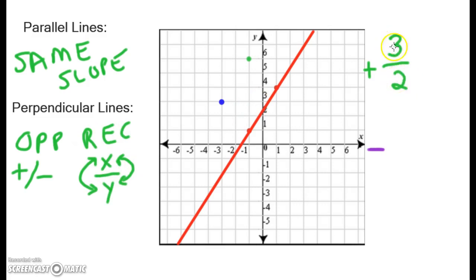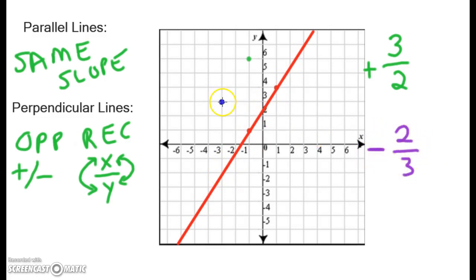So if this is 3 over 2, this slope will need to be 2 over 3. This negative 2 over 3 is the opposite reciprocal of positive 3 over 2. Now, if the line that's going through this blue dot has a slope of negative 2 over 3, it will be perpendicular to this. And if you remember correctly, perpendicular means that it's going to cross this line at a 90-degree angle.